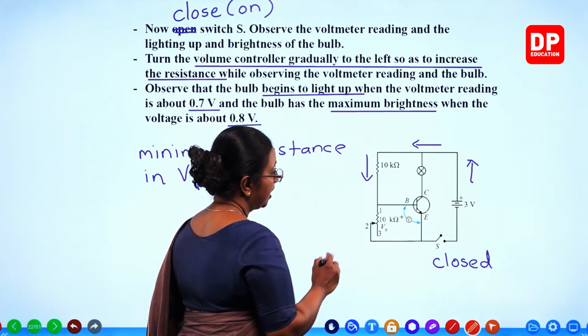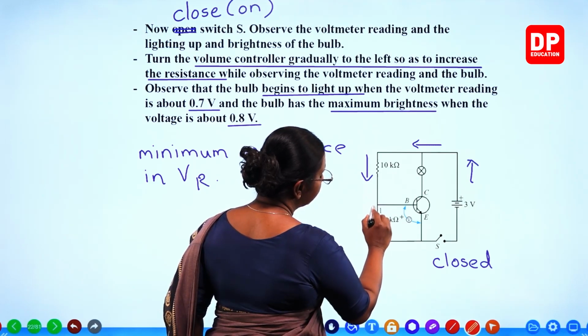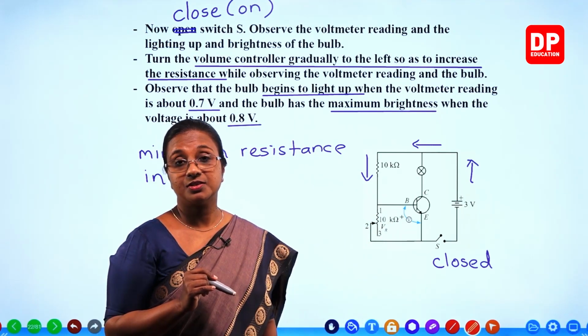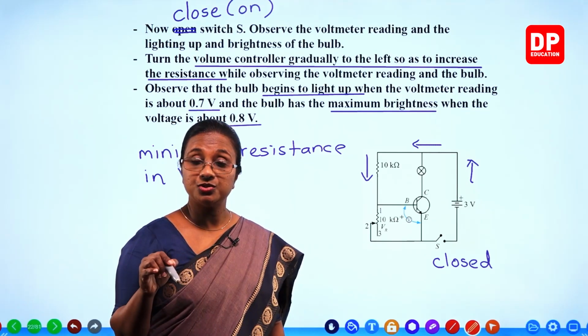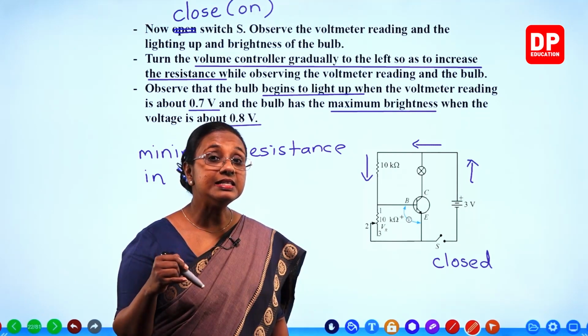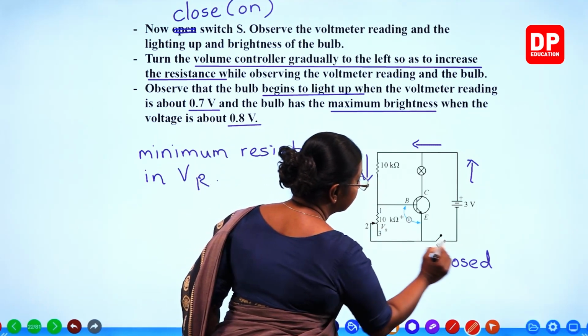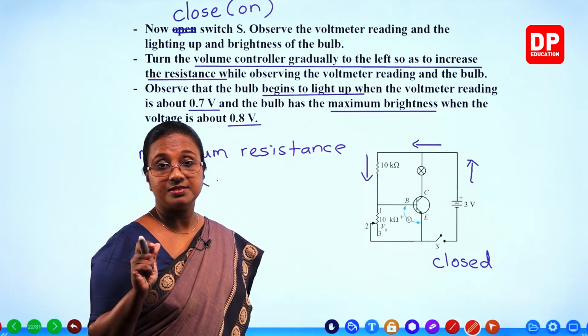And then, now here there is a resistance for the transistor, but the volume controller has the minimum resistance. So because of that, the current chooses to flow through the least resistance path. So here it is going to be the external circuit that will have the lowest resistance.